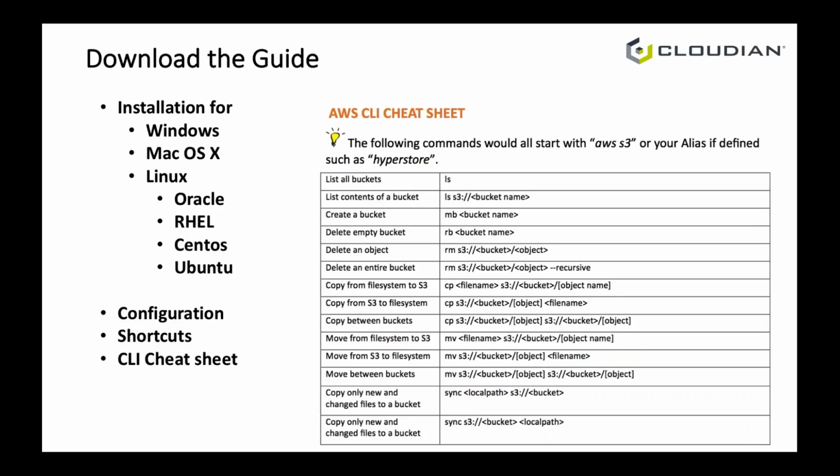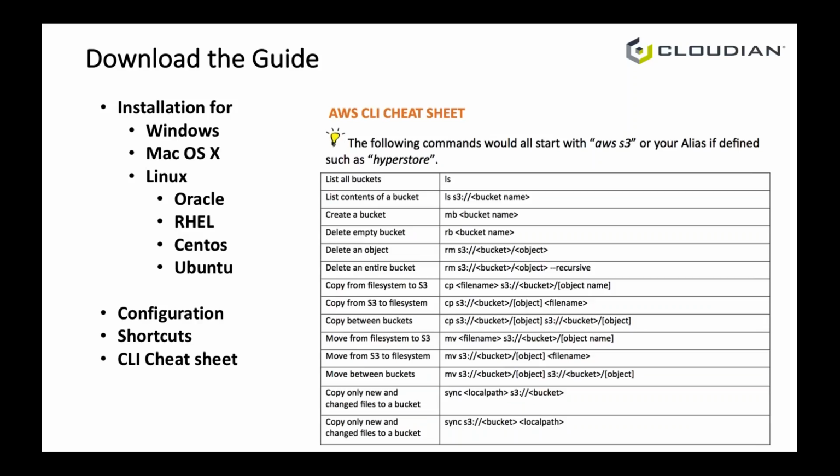So before we get into this, the first housekeeping item is if you look at your GoToWebinar panel, there is a little tab called Handouts. There's 5 of them in there, and the most important one is this AWS CLI guide. In it, you're going to find a complete guide of how to install Amazon AWS CLI for Windows, Mac OS, Linux.